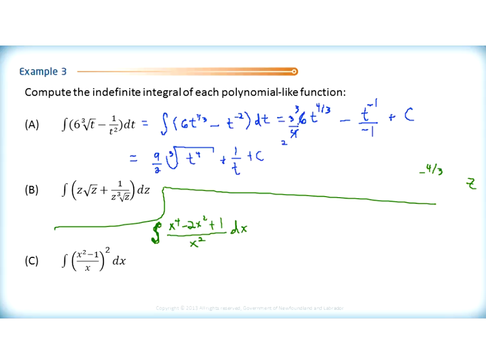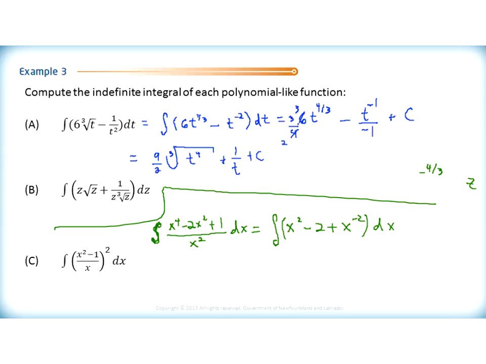And so if I divide all 3 terms in the numerator by x squared, I'm going to have the integral of, let's see, x squared minus 2 plus x to the power of minus 2, and then dx. So that's all 3 terms from my numerator divided by x squared.